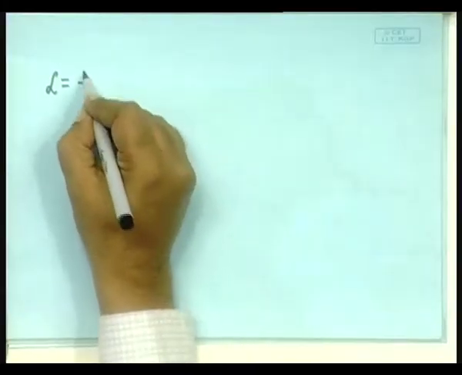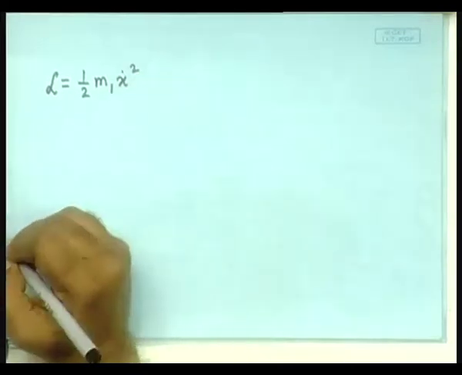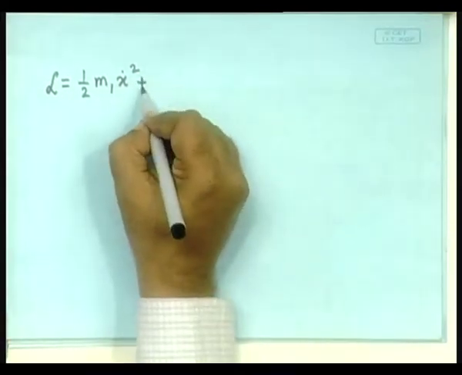So, let us write down the Lagrangian. Lagrangian is half m1 x dot square. Let us break that up.